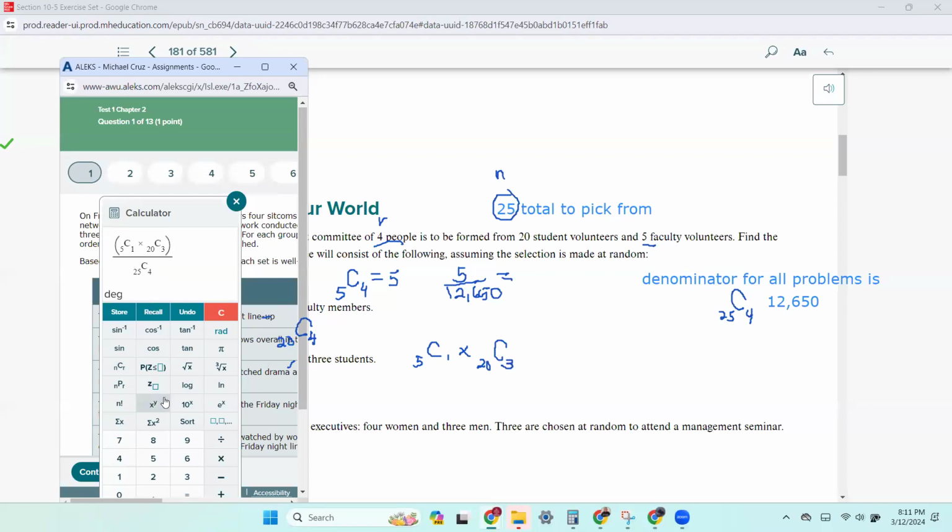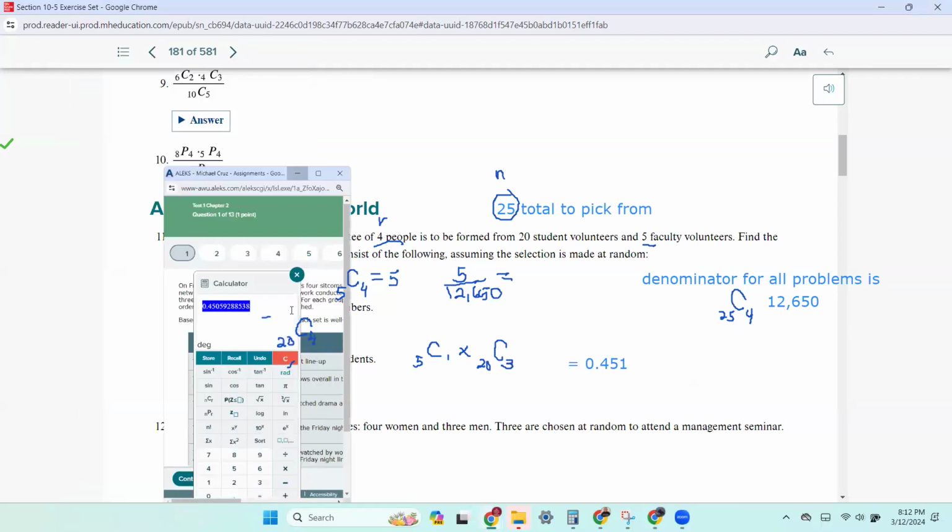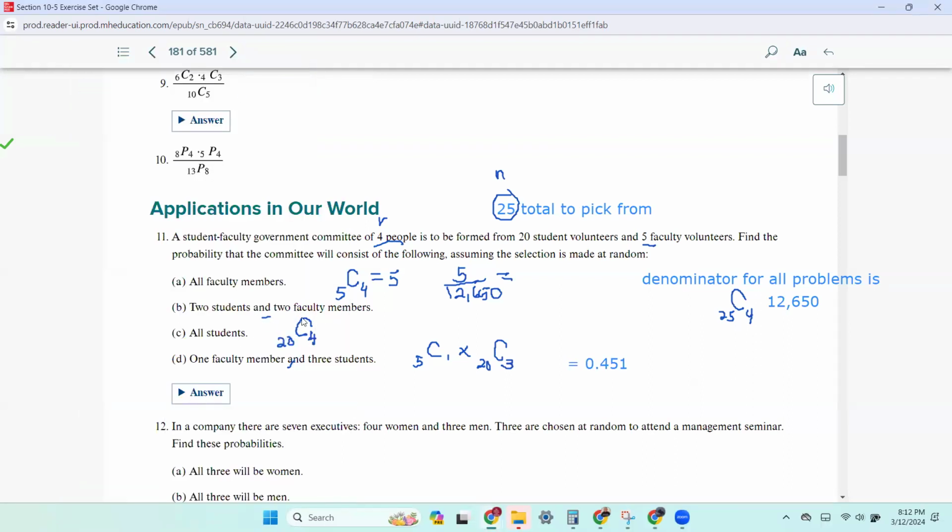The calculator is always going to give us a decimal, so that'll be enough. So then this is equal to 0.451. So the thing I wanted to stress here is just when you got an and, it means you're multiplying.